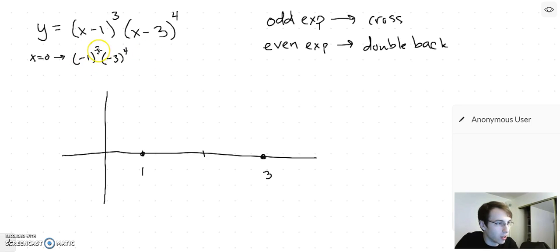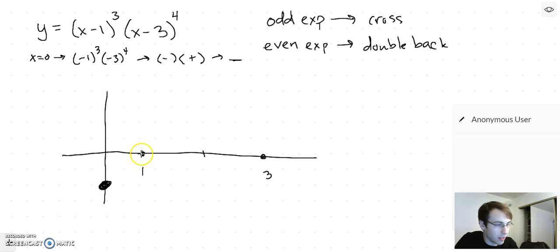Negative 1 cubed is a negative, and negative 3 to the fourth is a positive. So negative times a positive is a negative. So we're going to be down here on the negative side.